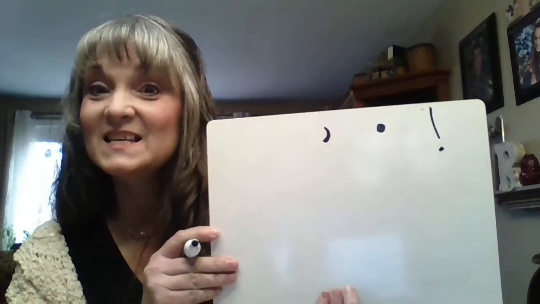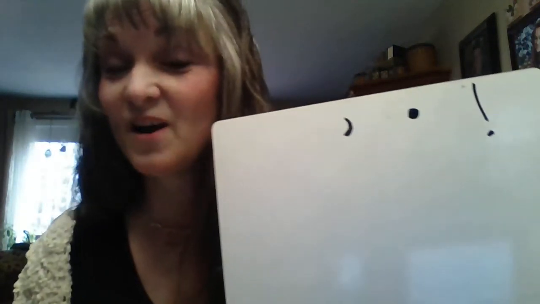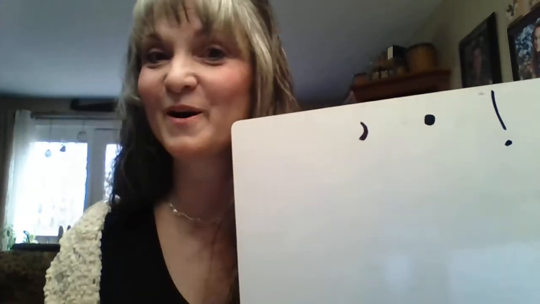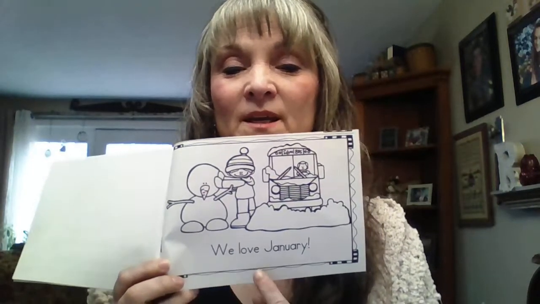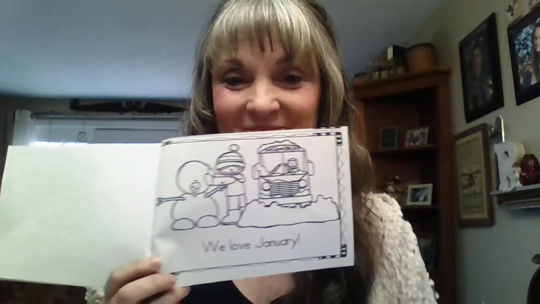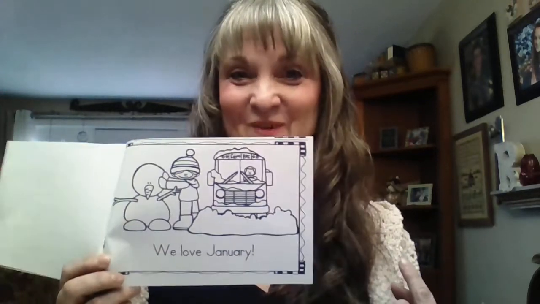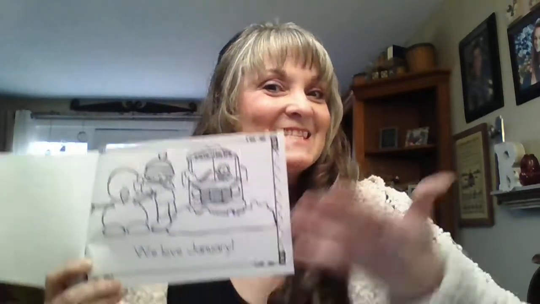That is an exclamation point. Some people call it an excitement mark, because when you read something with an exclamation point, you're very excited. Like we wouldn't read, we love January. We love January. You read it with excitement.